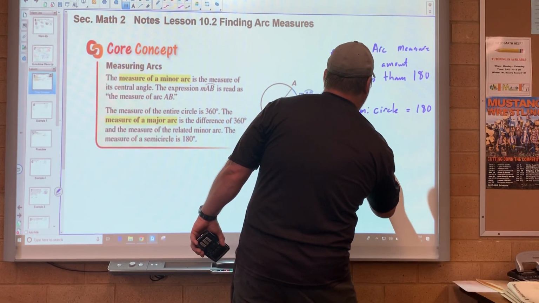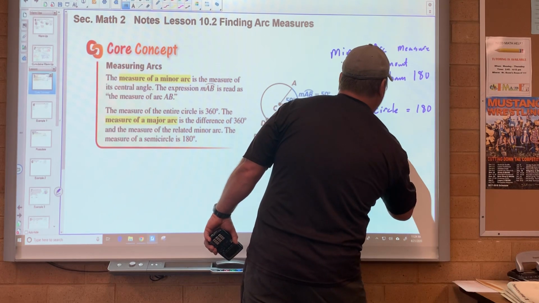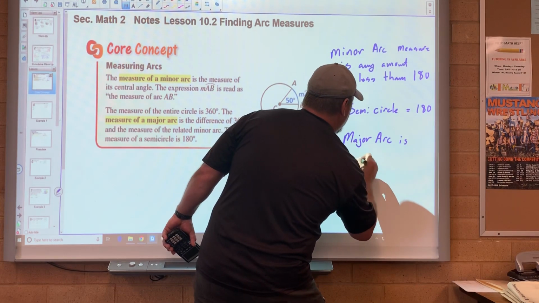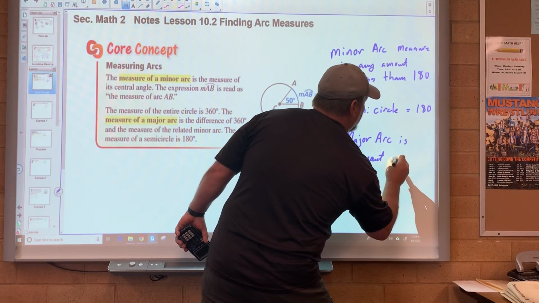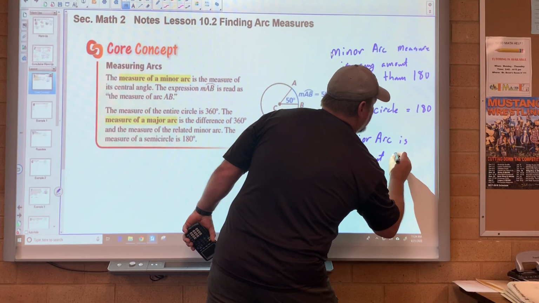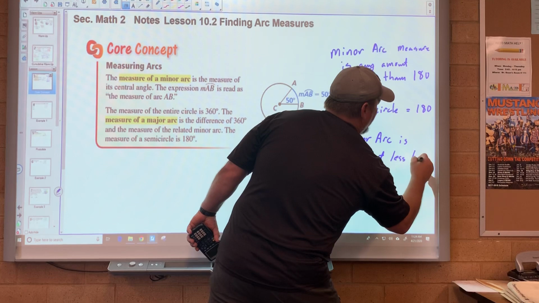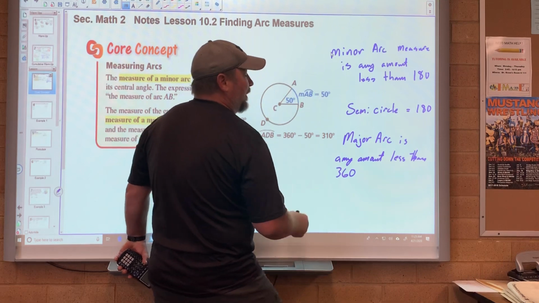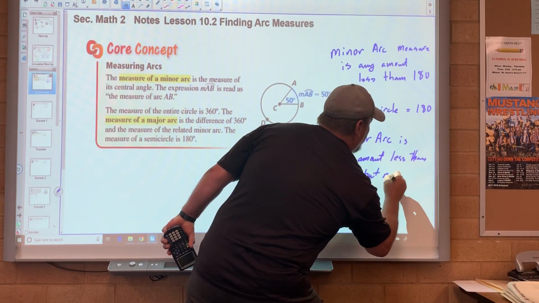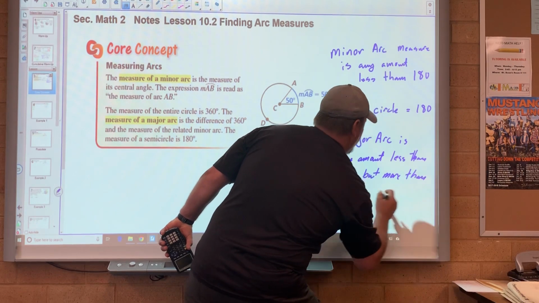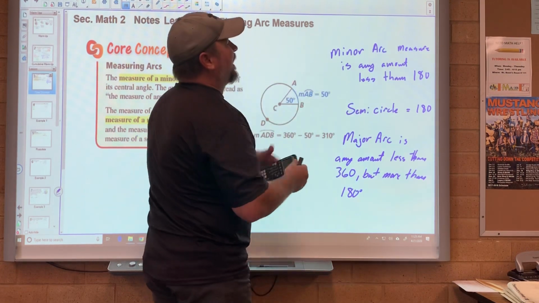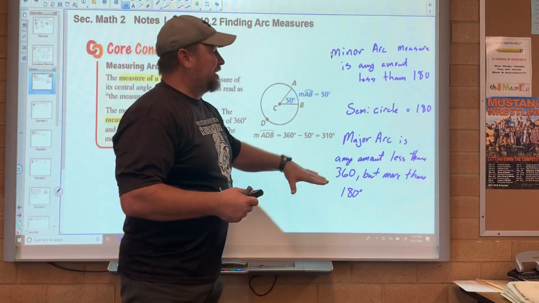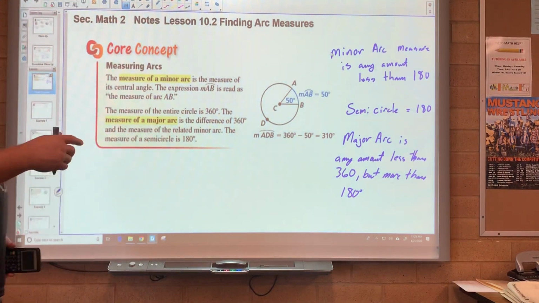And a major arc is any amount less than 360, but more than 180. Okay, so a minor arc is less than 180. A semicircle is 180 exactly, and a major arc is between 180 and 360.